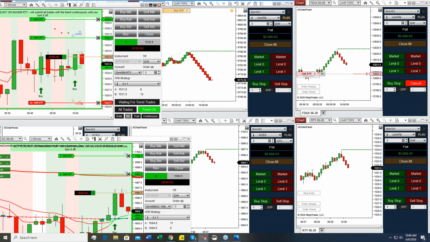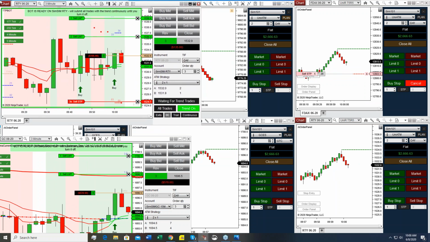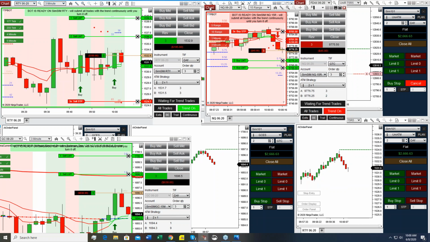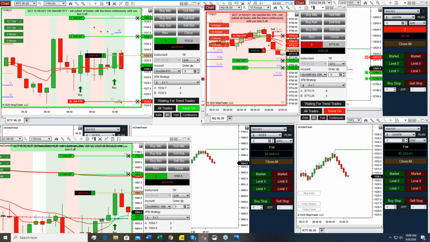Order filled. Short again the NASDAQ on the 15 range, guys, on the bot. Order filled. For those of you that are running the higher probability robot on the NASDAQ, it's also short.